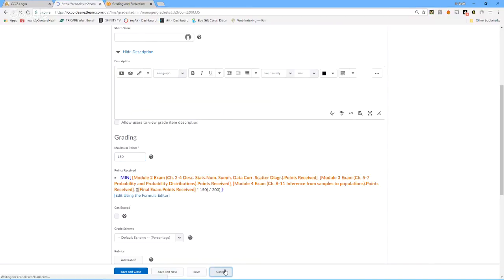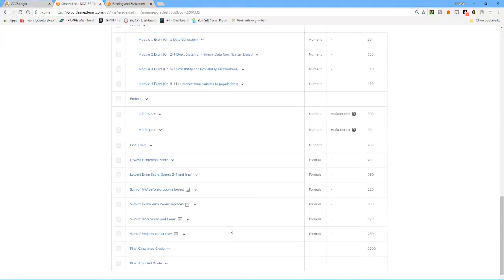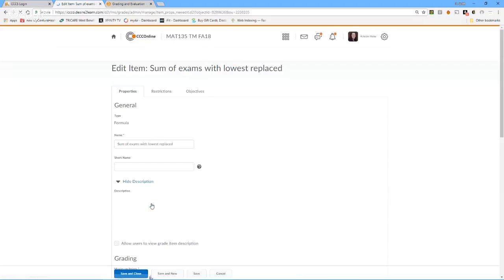Once I did that, just to make it clear and easy, I made a category called the sum of all the homework before the lowest was dropped. I also did a sum of all the exams with the lowest replaced.